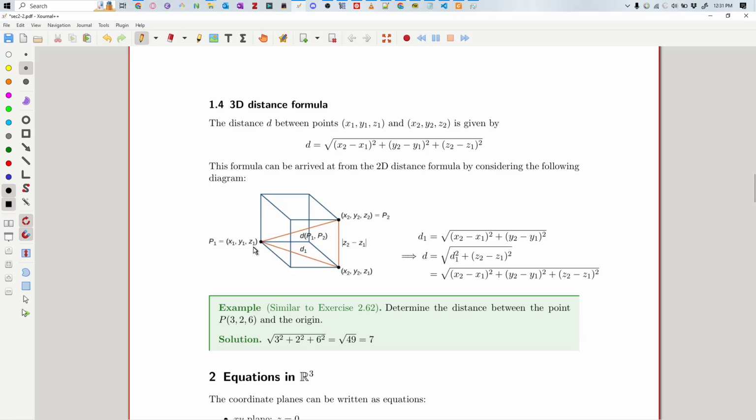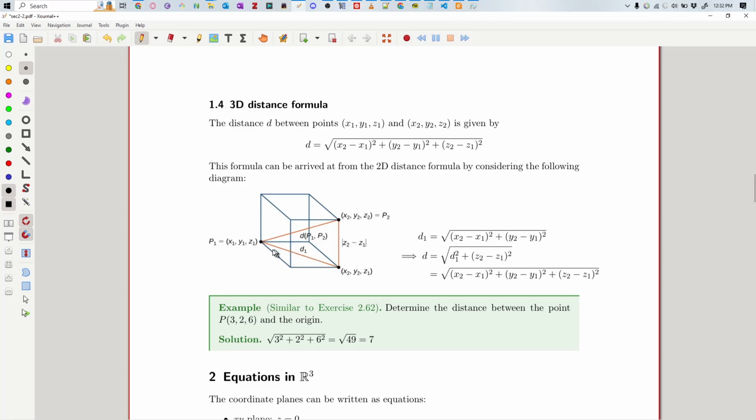It has the same z height as the point P1, but the x and y coordinates are different. So it's like this is the projection of P2 down to the plane that P1 is on.